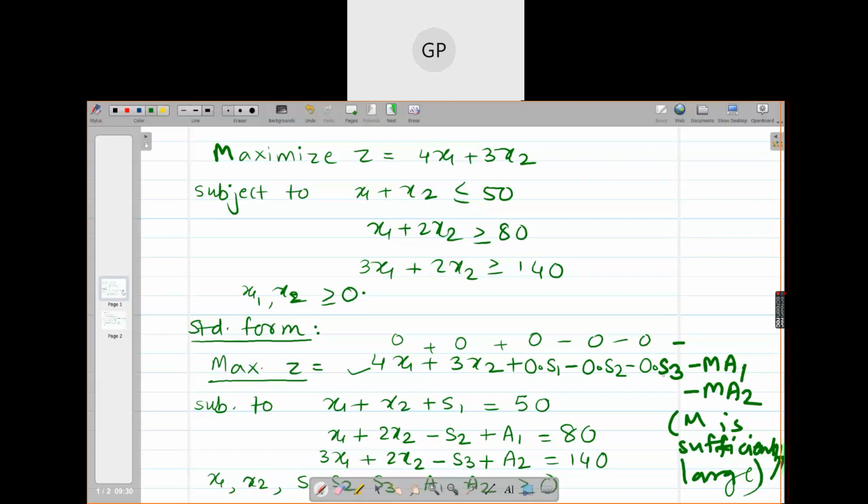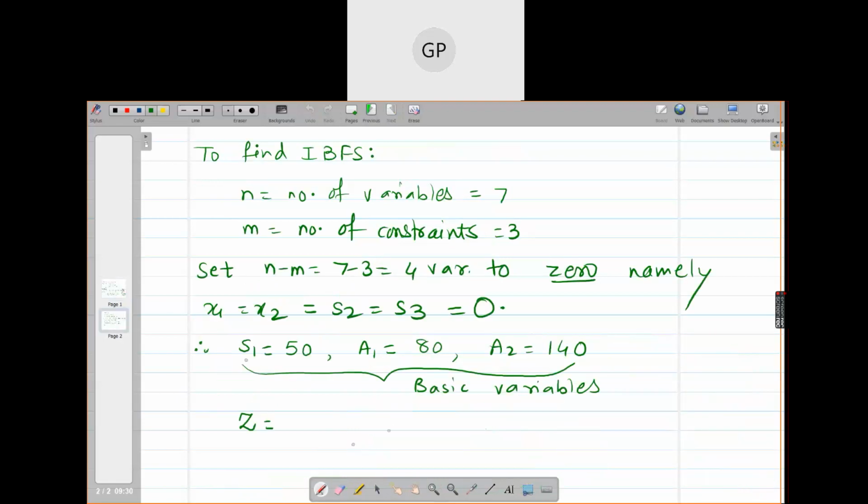So what is the value of a1? 80. Z equals minus 80M minus 140M. So what is the answer of Z? Minus 220M, and M is very large. And this is your IBFS.